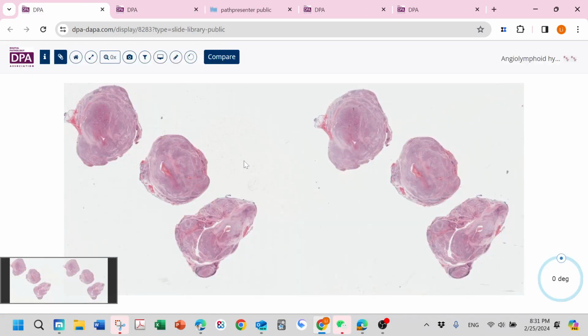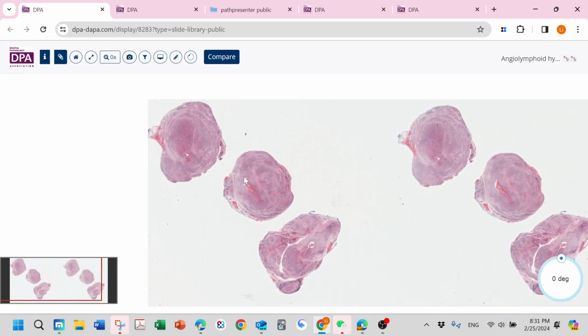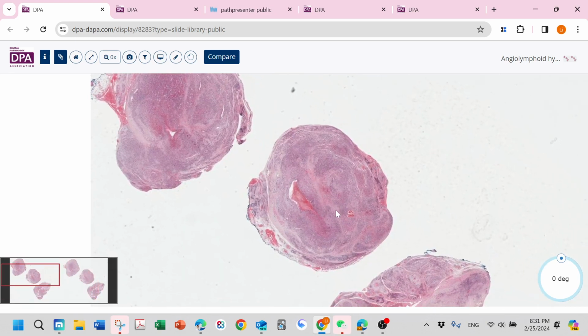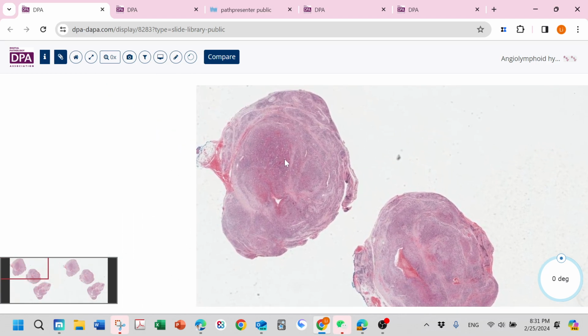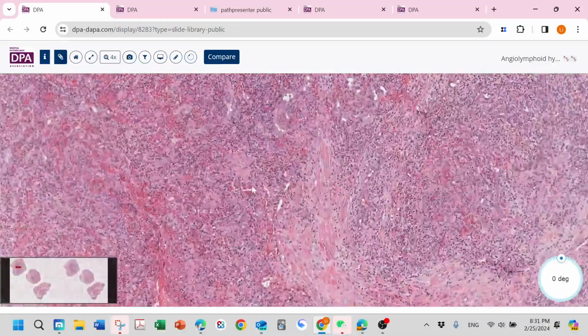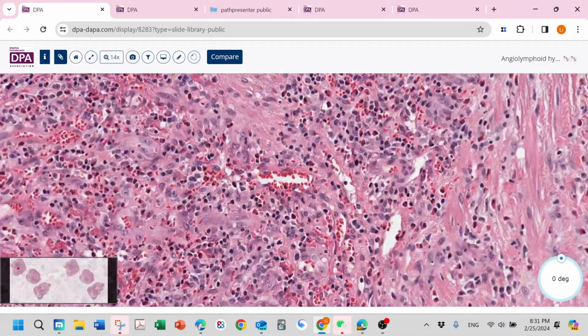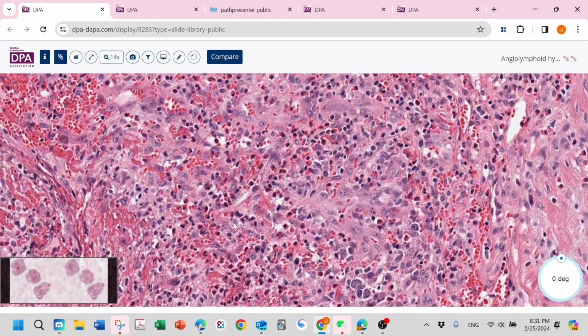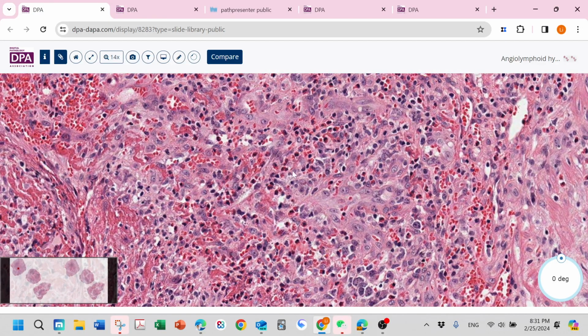This is another ALHE. In low power, you can see tons of inflammatory cells, at least lymphocytes, in this lesion, and then some blood vessels. When you zoom in, not only are the blood vessels red, there are tons of eosinophils. See, in this area there are so many eosinophils.